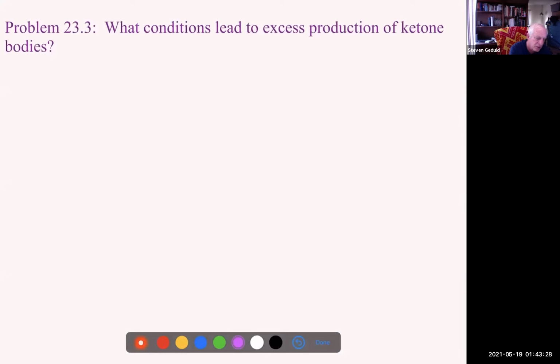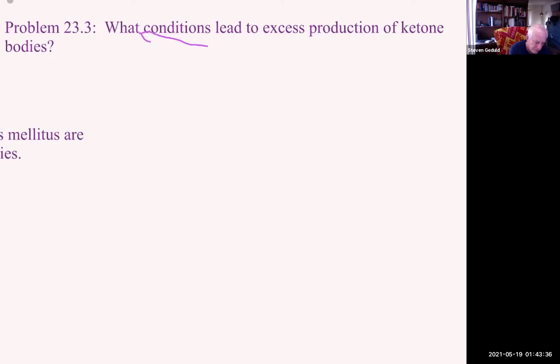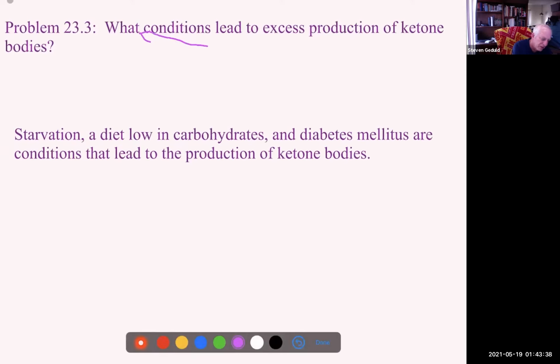Okay. So what conditions lead to excess production of ketone bodies? Anything that stops the citric acid cycle from spinning. Starvation or a diet low in carbohydrates. Low in carbohydrates infers high in proteins, so be very careful of your high protein diets. We don't mix in carbohydrates.